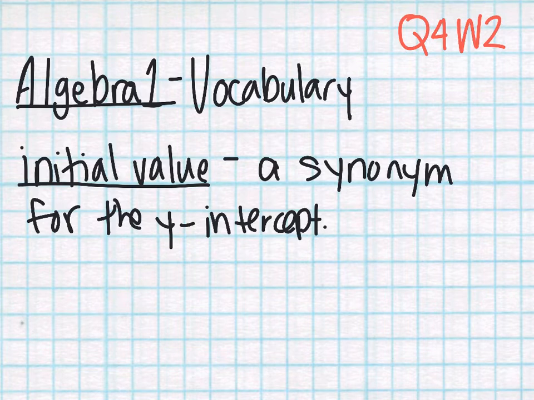Remember what we said about the y-intercept? It's where we always start. It's the last number in our equation, but it's where we start. So initial is like the beginning, like your initials are the first letters in your name. So it's the starting value.